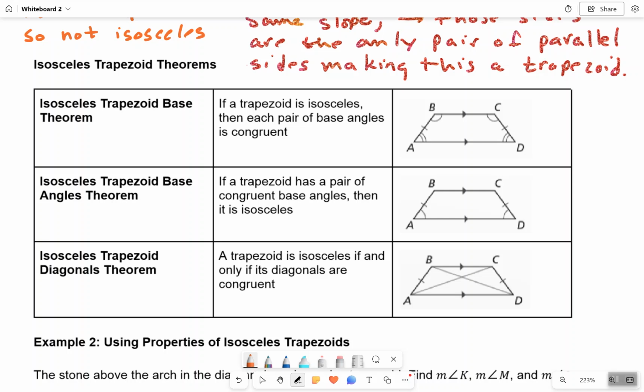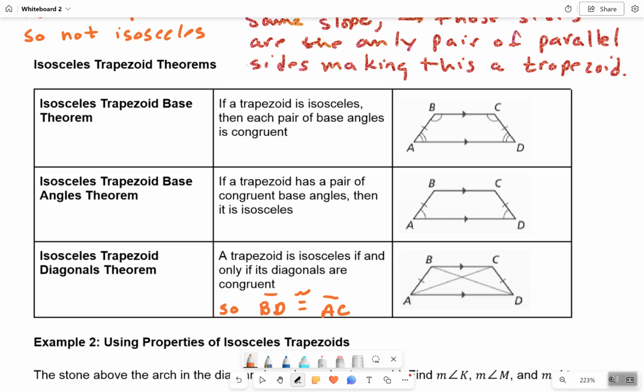It says a trapezoid is isosceles if and only if its diagonals are congruent. Meaning that BD would have to equal, or be congruent to, AC. Is that okay, kids? Okay.